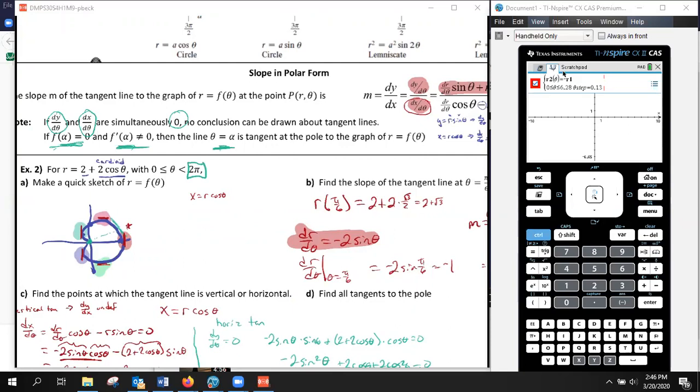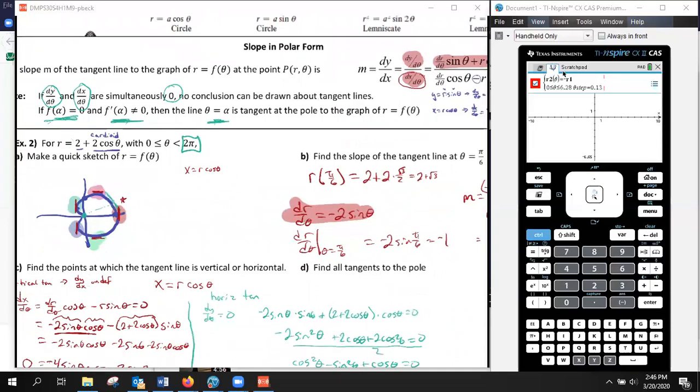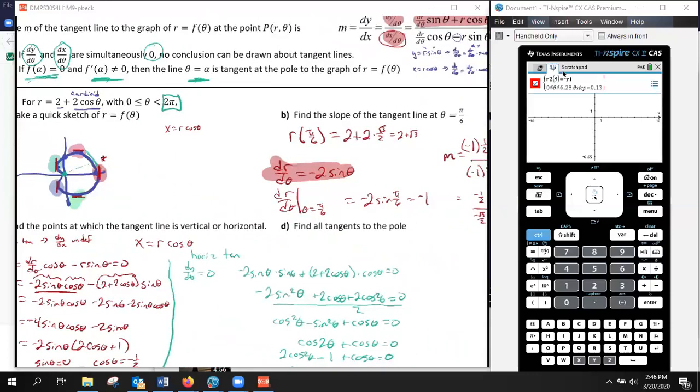So I need to first understand where, let me change colors so we can see the difference, where does f of theta, meaning where does my radius, equal 0?